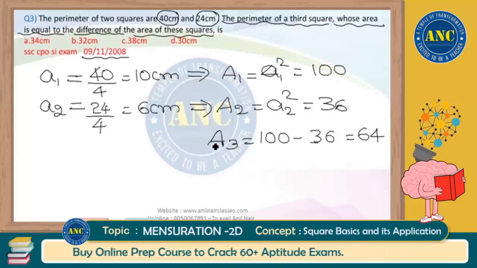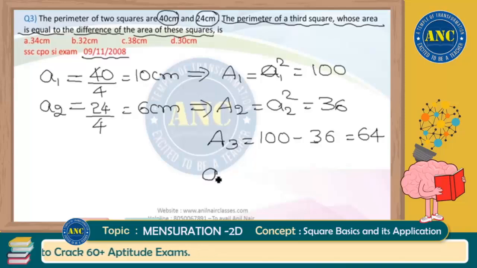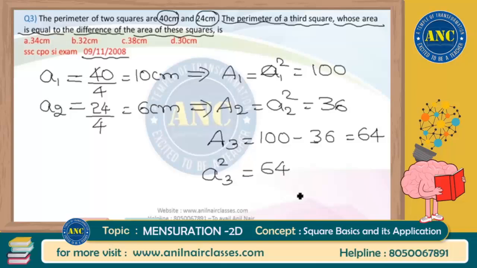If the area is 64, then the area of the third square is a3 squared, which is 64. So the a3 value will be the square root of 64, which is positive 8. But they are asking you to find the perimeter.